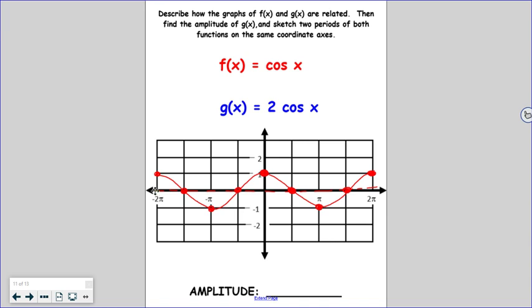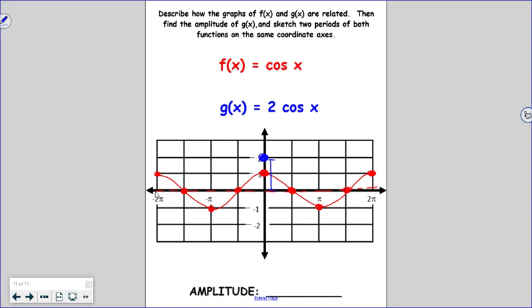Okay, so I will tell you right now that amplitudes and reflections over the x-axis of cosine curves are probably the most missed thing because of the first point. We still want our first point to be here, but every time I am off of my midline, it has to be this distance. So my amplitude is 2, so instead of starting here, I have to start at a distance of the amplitude. This would be my starting point, 2 above my midline instead of 1 above my midline.